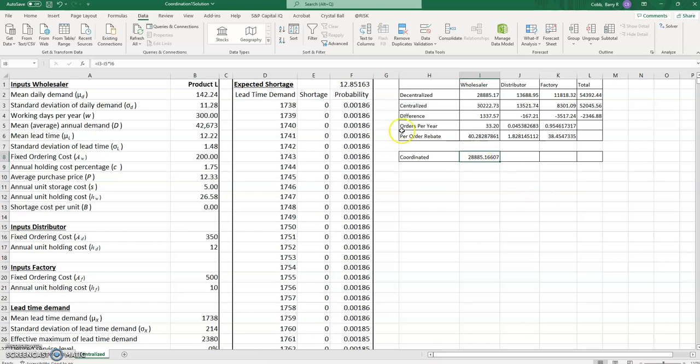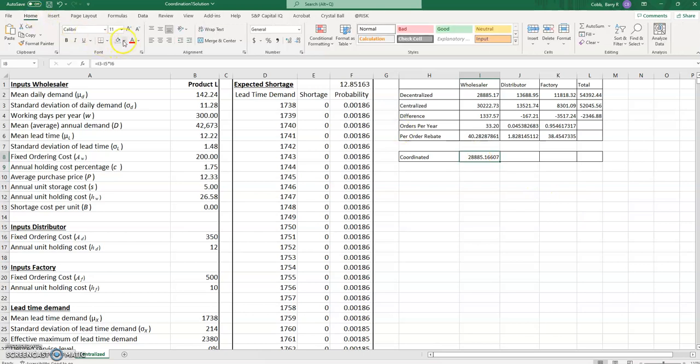And notice what that does. The wholesaler lands right back down at their decentralized cost. And that should satisfy them and potentially make them willing to pursue the centralized policies. And in their case, that's an increase in the order quantity.